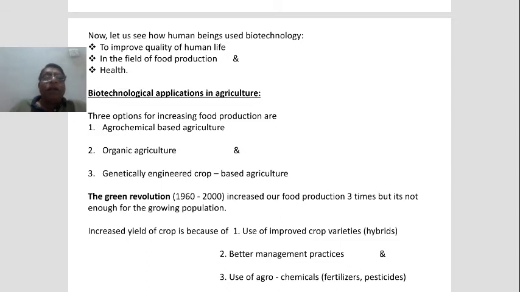Organic agriculture. In case of organic culture, we are not making use of any chemicals for the production of food. And we make use of only the wild varieties of crops, the seeds we make use.